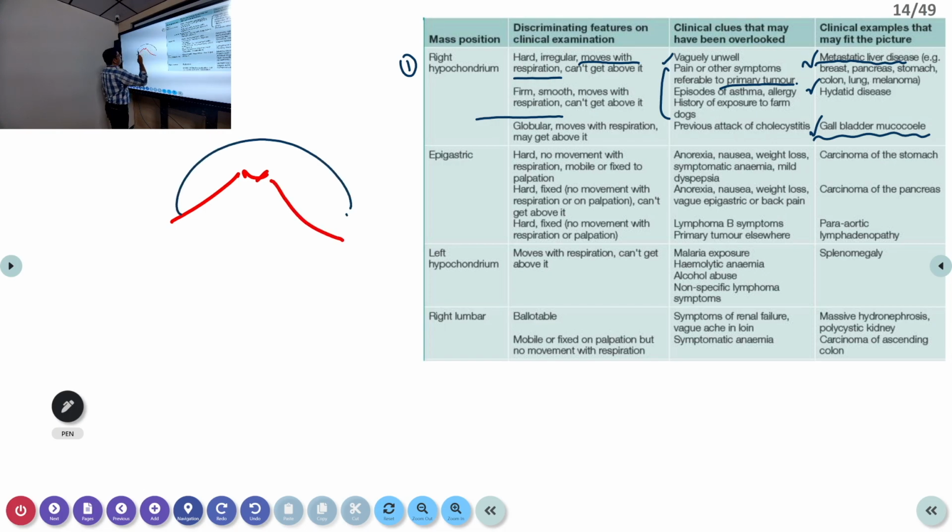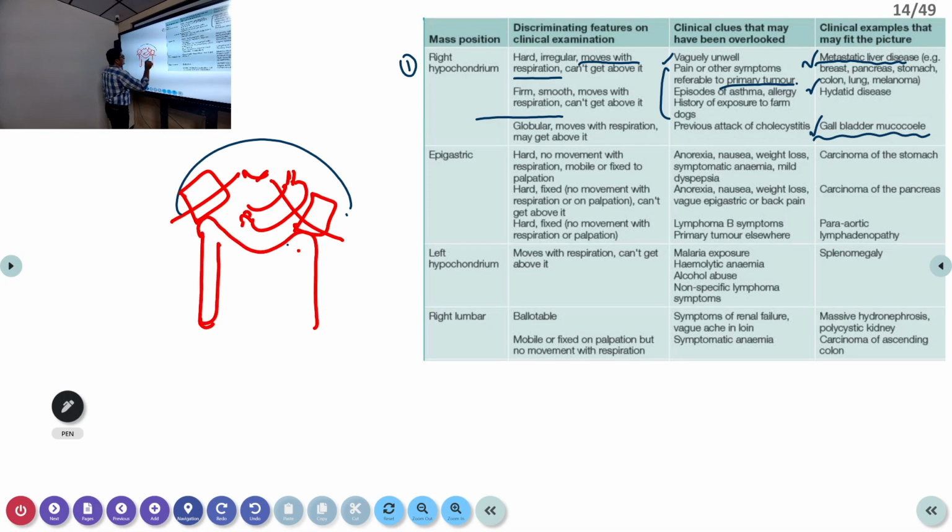The liver will be here, the spleen will be here, and the stomach, and the colon. All these structures are directly or indirectly attached to the diaphragm. So the liver, spleen, stomach, all those things are directly or indirectly attached to the diaphragm.